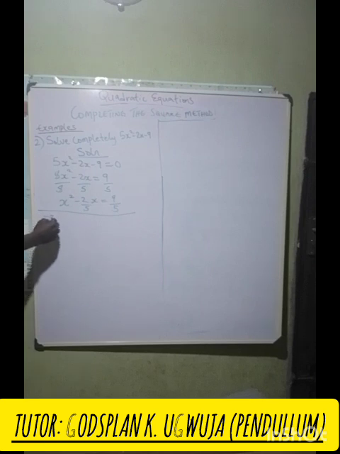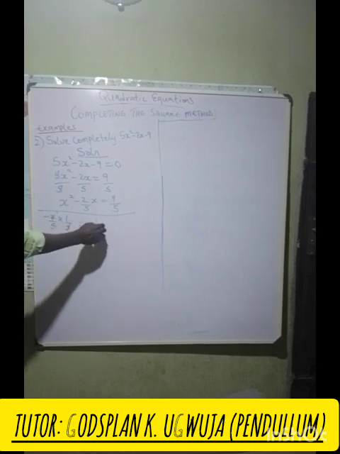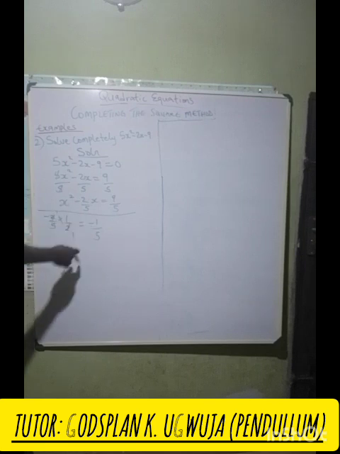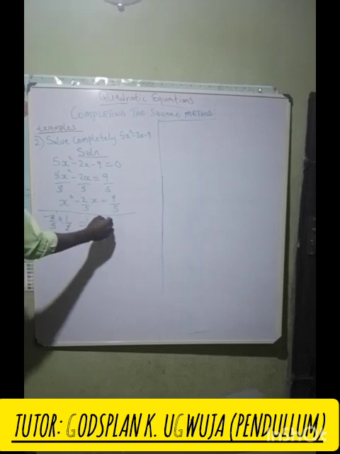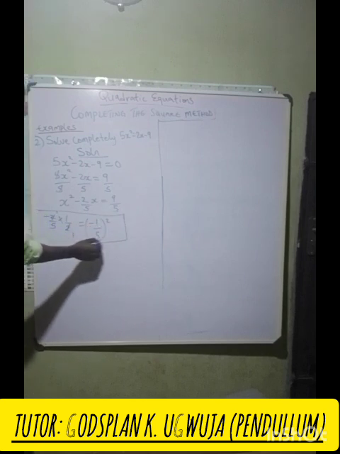We have minus 2 over 5, and we multiply it by half. 2 into 2 is 1. So this will give us minus 1 over 5. Minus 2 over 5 times 1 over 2 gives minus 1 over 5. Then we're going to square it. So this is what we get.